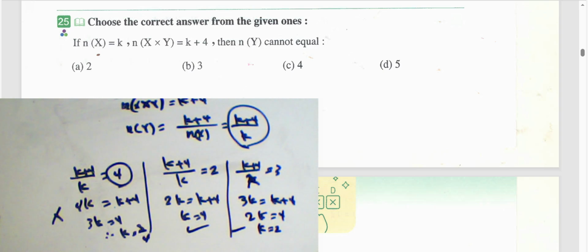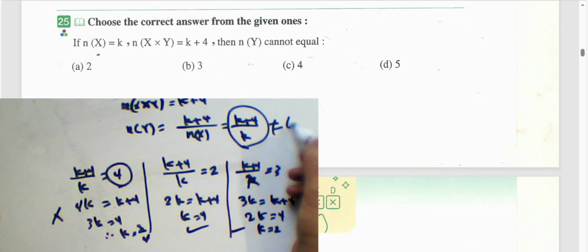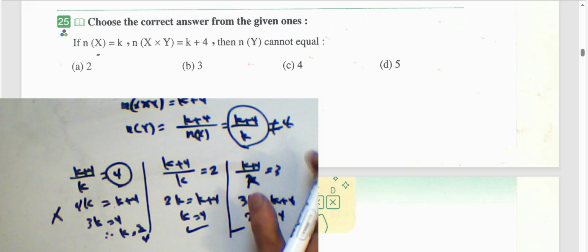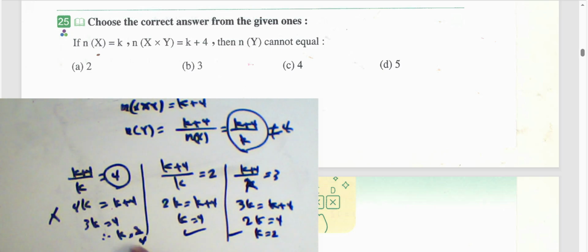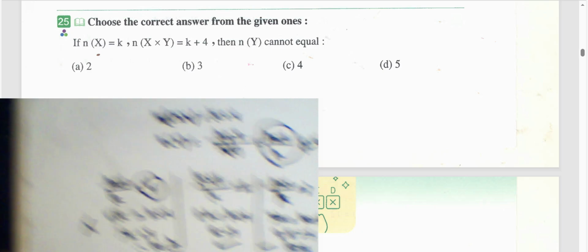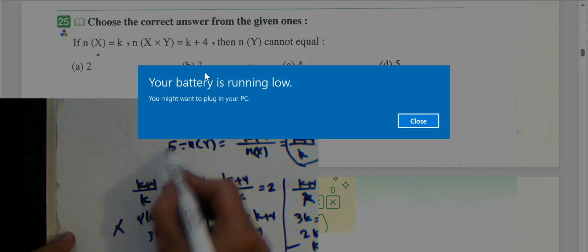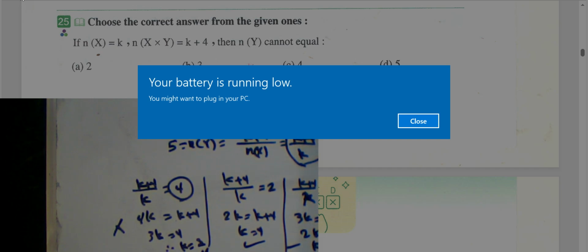You must choose 4. Then the number of elements of y is not equal to 4, because if we put 4, the value of k will be a fraction, and we want the value of k to be a whole number. And letter D is also correct. If we put number of y is 5, it will be correct.